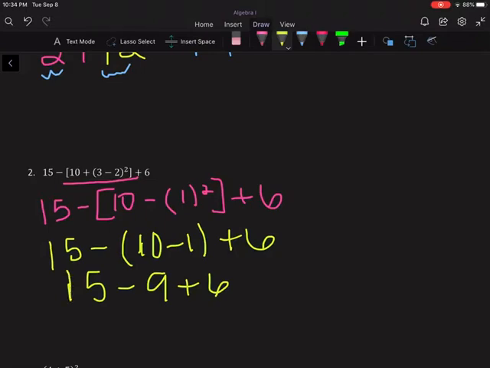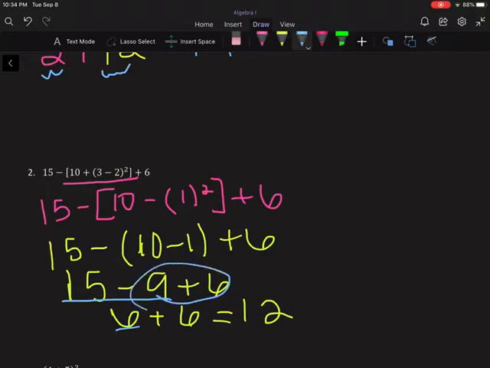So 15 minus 9 is 6. And then 6 plus 6 is 12. So if you notice, I did this first, right? Left. And then the right.